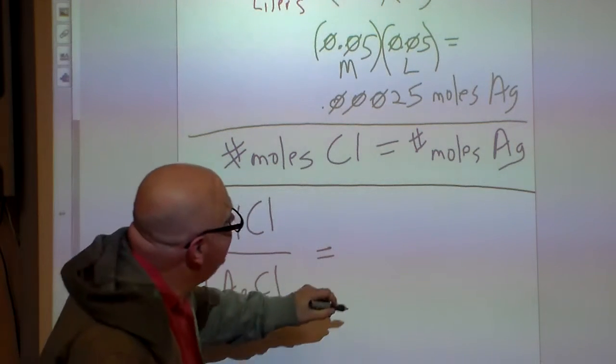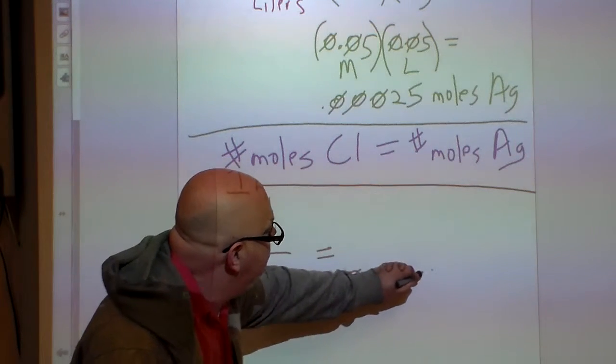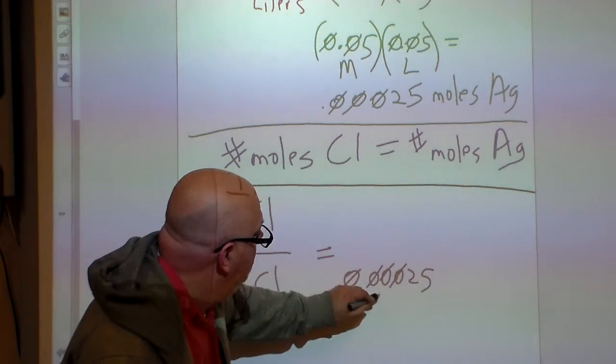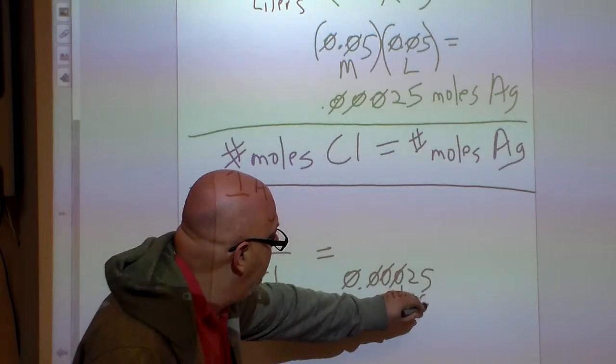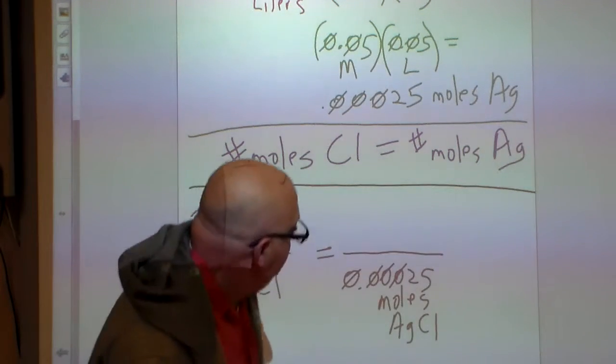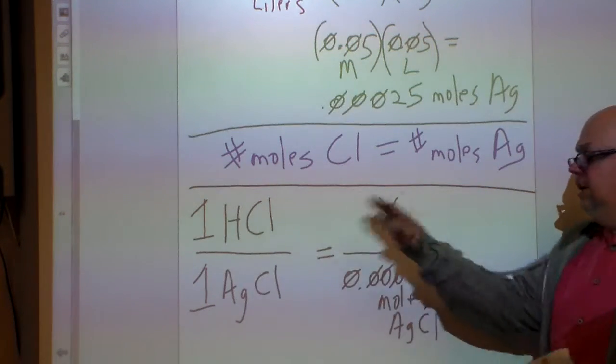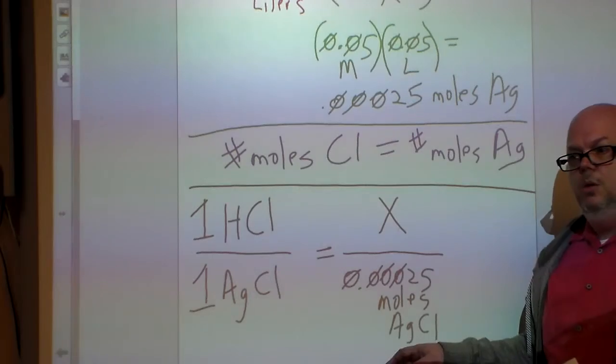Well, the AgCl moles is already 0.00025 moles of AgCl. We set up the proportion and then we can solve for x.